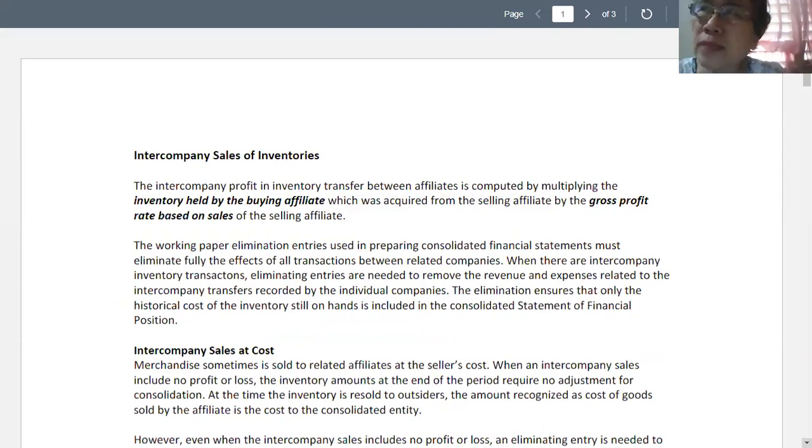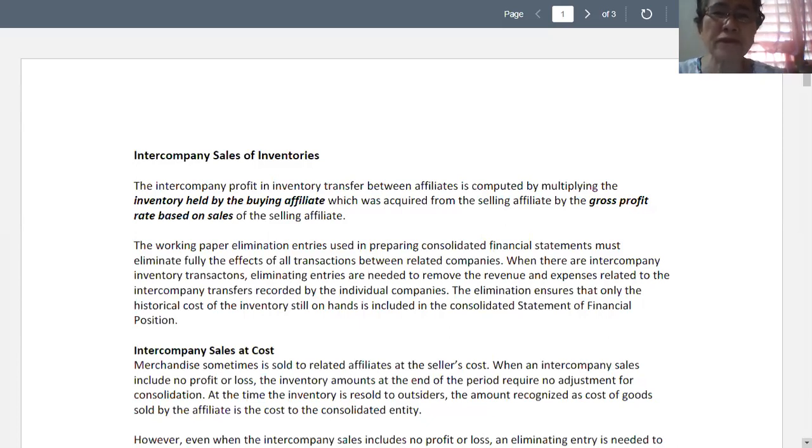Now take note that modules number 6, 7, and 8 involve elimination of intercompany profits on inventories, then your intercompany transactions related to property, plant, and equipment, and the last one is intercompany dividends, which are also found in the book of Dayag.